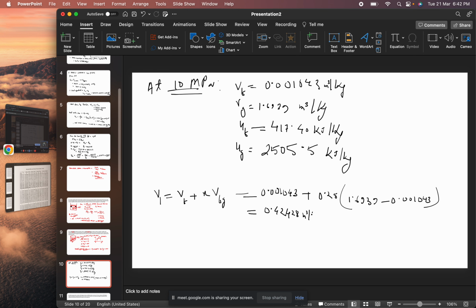Then next, u1 similarly is nothing but uf plus x ufg. So this is 417.40 plus 0.25 times (2505.5 minus 417.40).